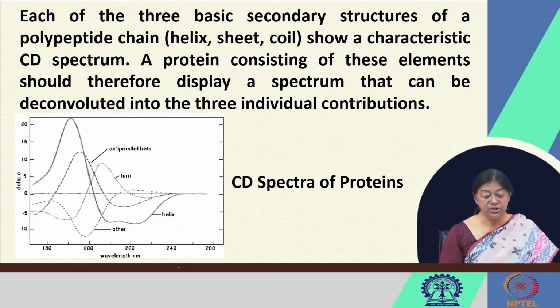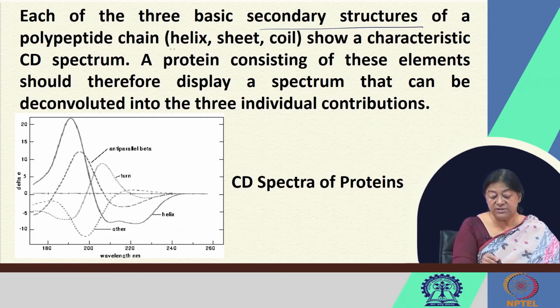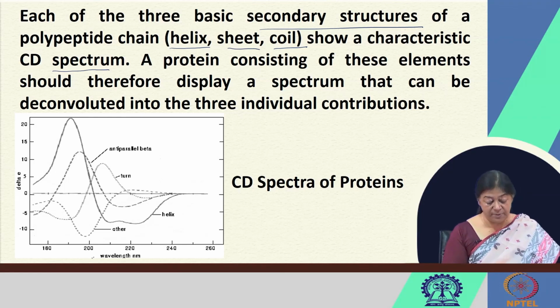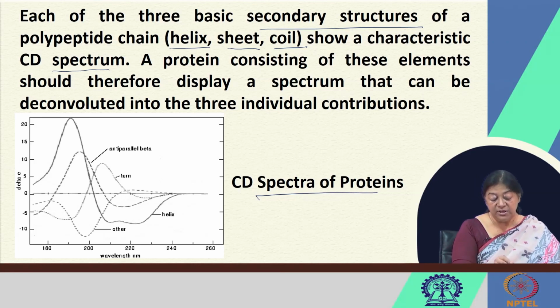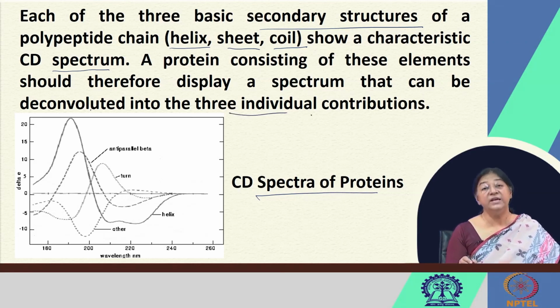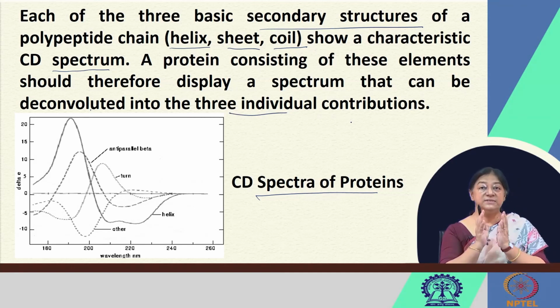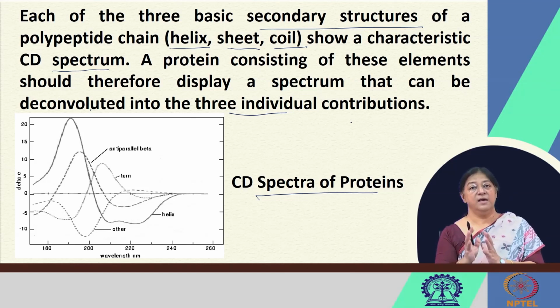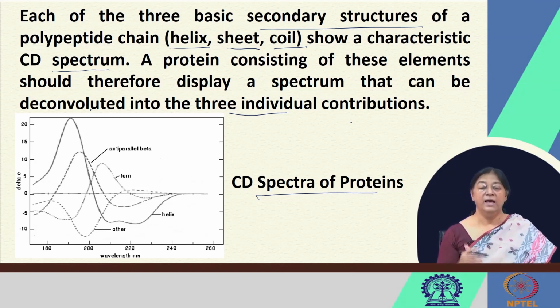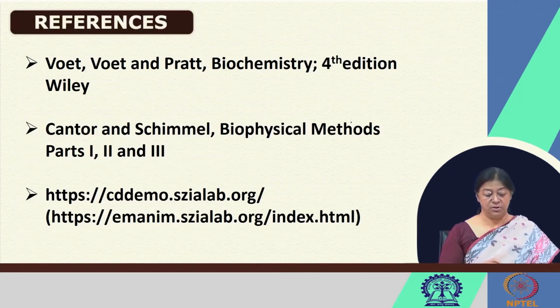Now, each of the three basic secondary structures, the helix, the sheet and the coil, shows a characteristic CD spectrum, and this is the CD spectrum of the proteins, and this can be deconvoluted into three individual contributions. We can say that this is the alpha helical content, this is the beta sheet content, and this is the content of random coil, and any variations related to protein ligand interactions, protein protein interactions, or even protein unfolding can be detected from these methodologies.